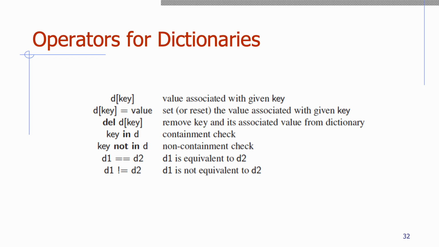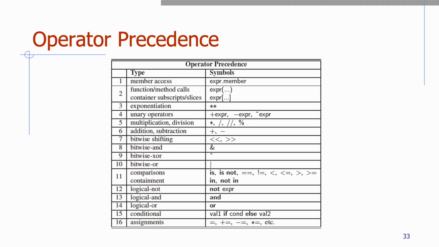In order to remove a key and its associated value from the dictionary, we use the del operation. For the containment check, we do key in D. For the non-containment check, we do key not in D. We have equivalent check and also not equivalent check for dictionaries as well.